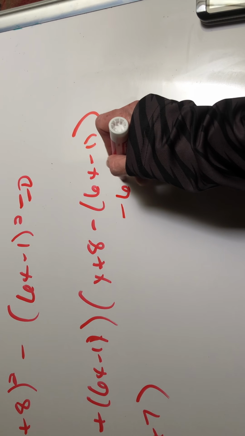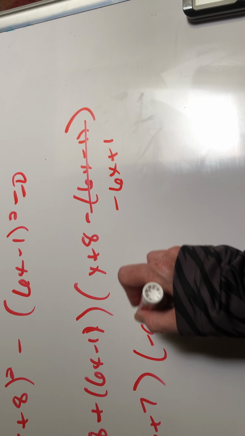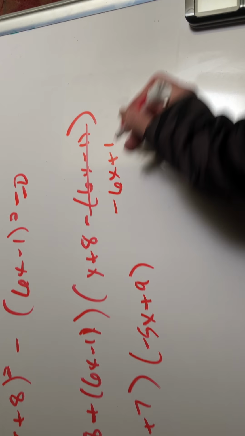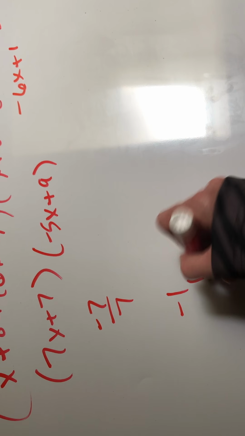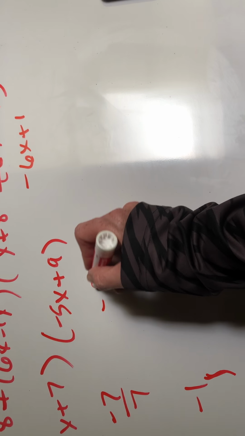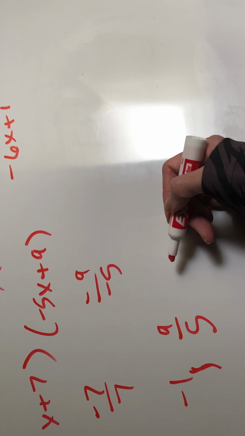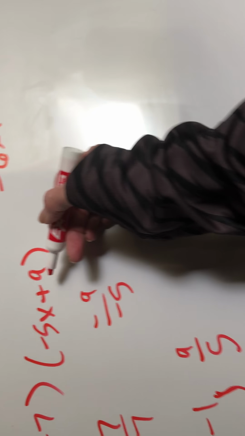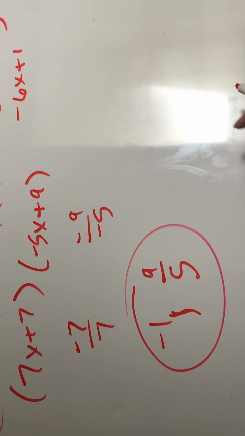And then here that's a negative 6x plus 1, so that's negative 5x plus 9. So then negative 7 over 7 is negative 1 when you finish that. This is negative 9 over negative 5, which would be positive 9 over 5. So watch your signs there. Opposite of 9, you're dividing by negative 5, so that gives you positive 9 over 5.